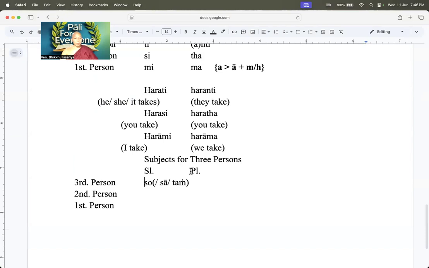Okay, but plural is te. They mean they. Even though in English, they refers to boys, also they, or girls, also they, or maybe trees or fruits are also they, but in Pali, not like that.